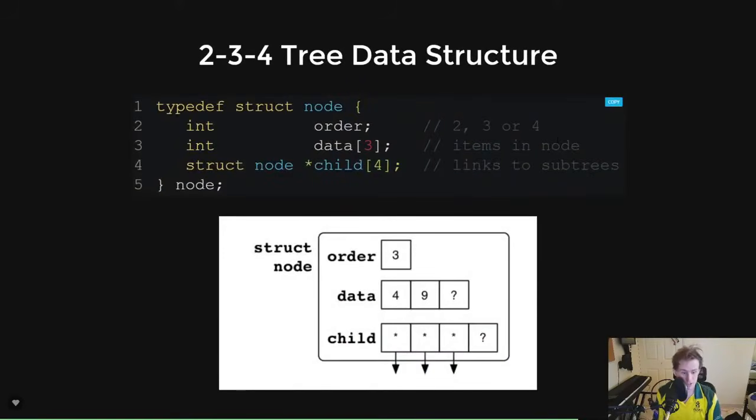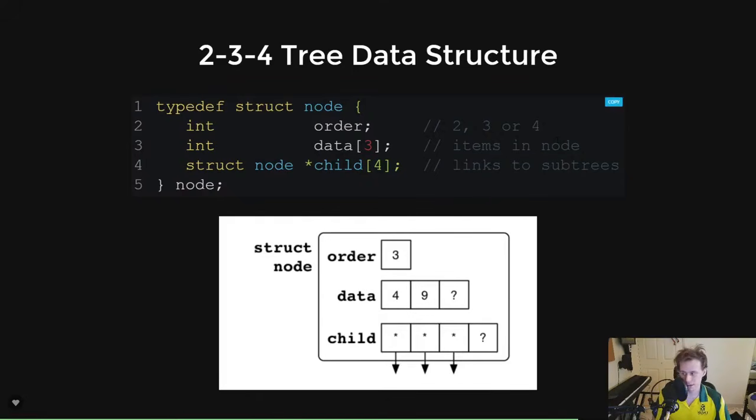In terms of the data structure that a 2, 3, 4 tree or a B tree would have, it would be a data structure like this, where essentially you have your node struct, and you would keep a few things on this node struct. You would keep the number of items you have in that node, typically, because arrays in C don't keep track of their own size.